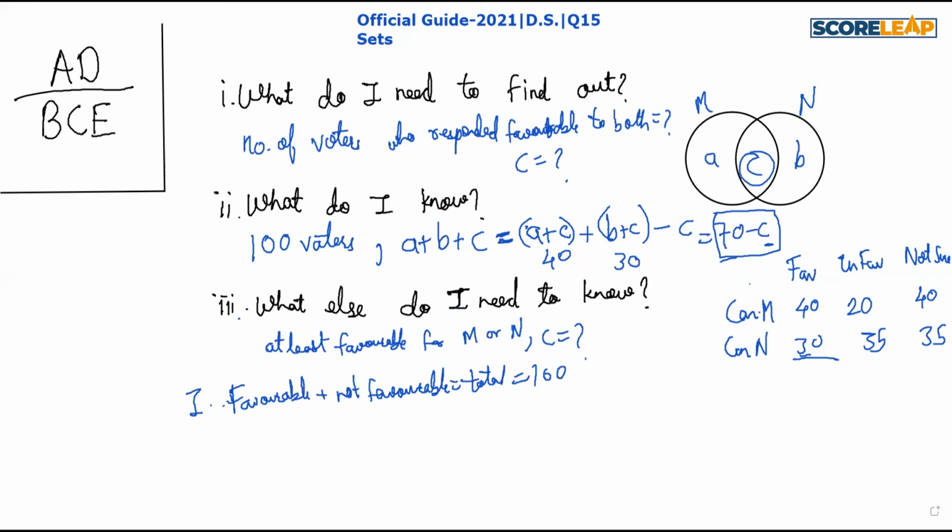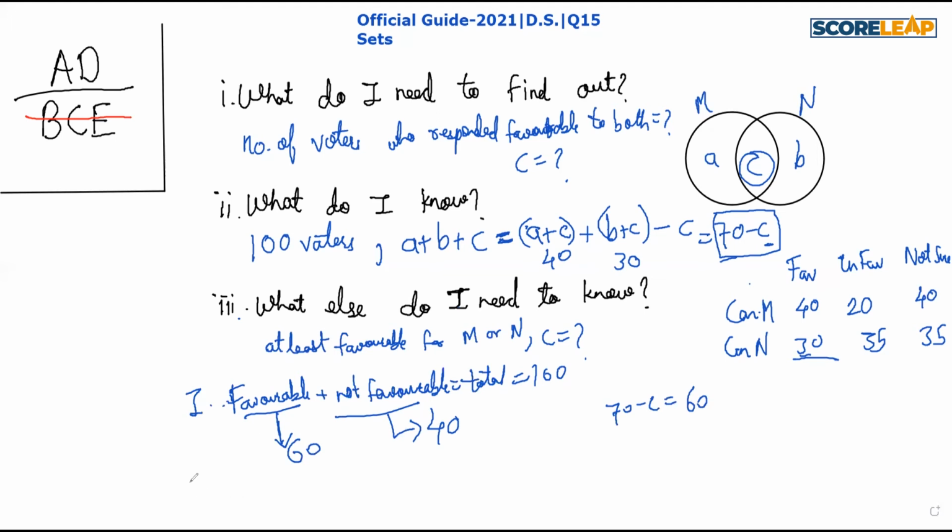They have given in the data that the number of voters who did not respond favorable is 40. So the number of voters who responded favorable to at least one of them will be 60, because 60 plus 40 is 100. So from this data, we get that 70 minus C is equal to 60, and we can calculate the number of voters who responded favorable to both. So whenever the first statement is sufficient, we cross out B, C and E.